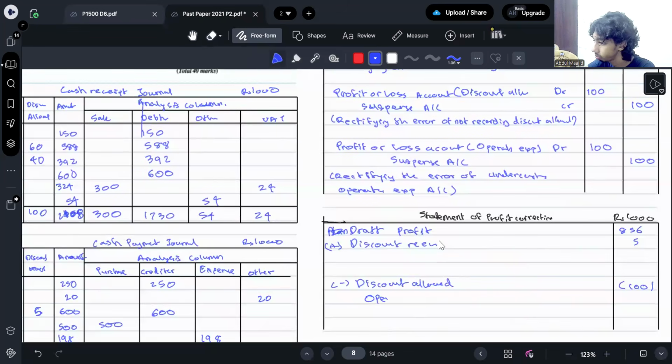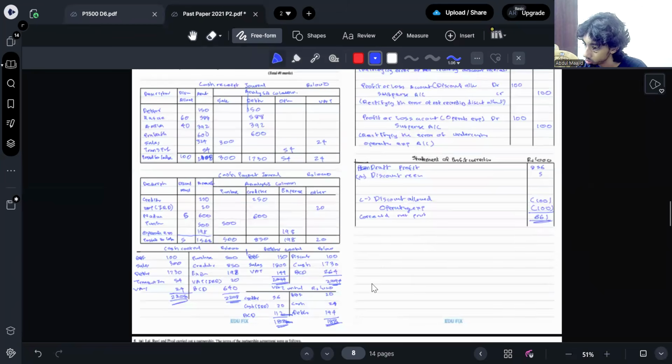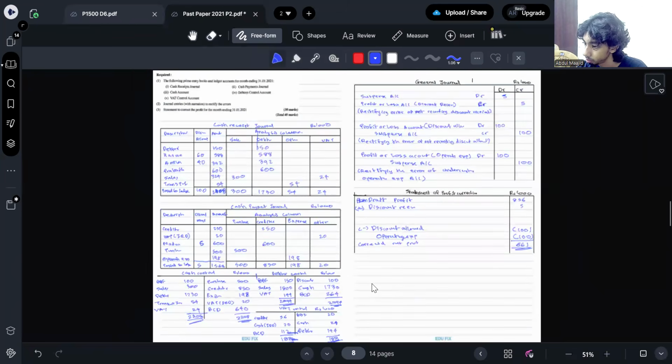Operating expense 100. Then you will get the corrected net profit as 856 plus 5 minus 200, 661,000. Done with the fourth question as well. It's a bit long but easy to do.